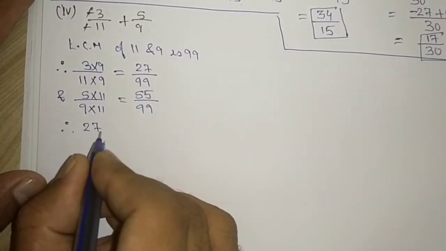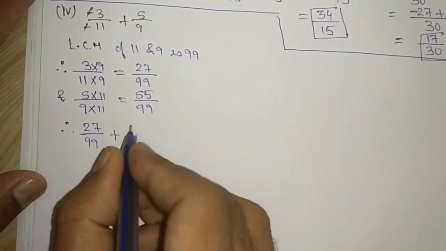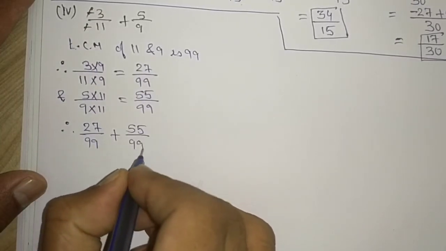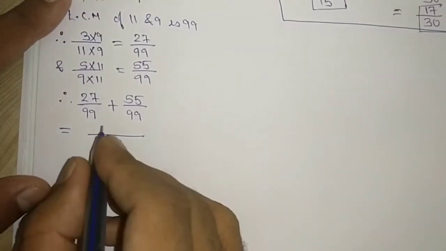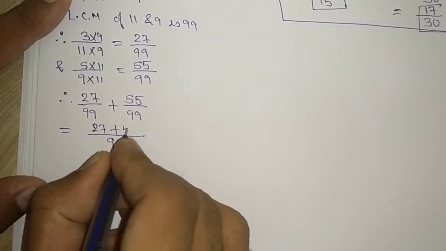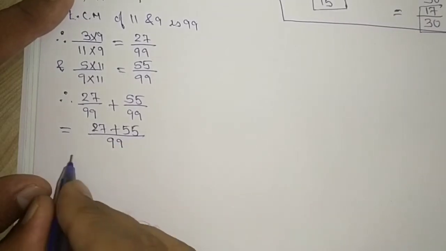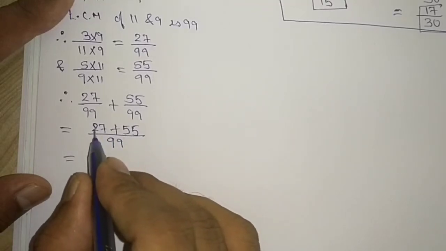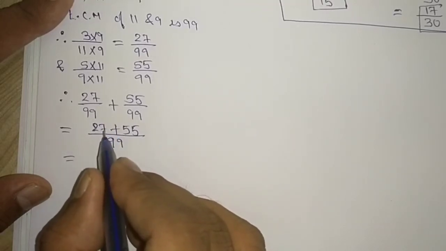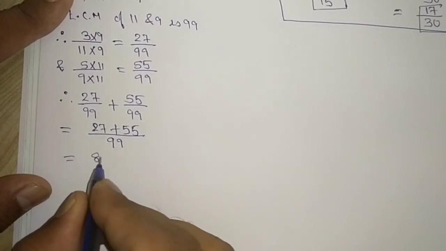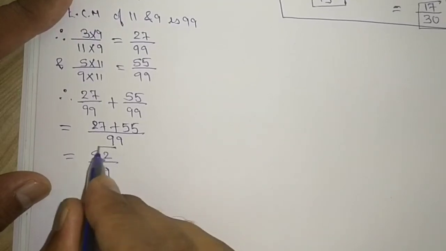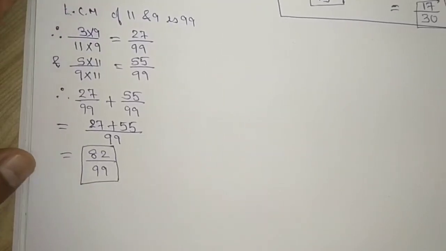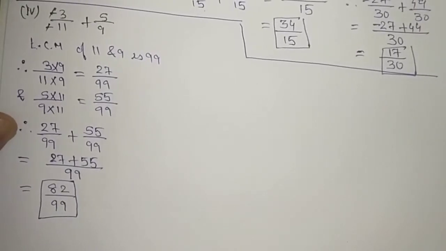Therefore 27 by 99 plus 55 divided by 99 is equal to 99 will be LCM and numerator will be added. 27 plus 55. 55 plus 20 will give me 75. 75 plus 5 will be 80. 80 plus 2 is 82 by 99 will be our answer. It cannot be cut further, so I will place it as it is. Now moving to the fifth part.